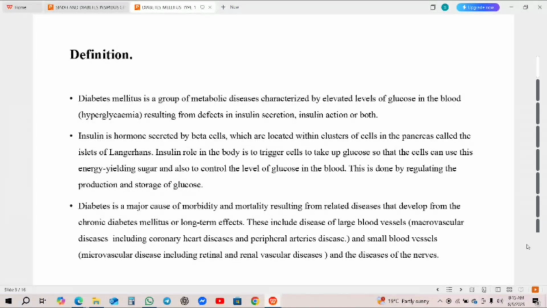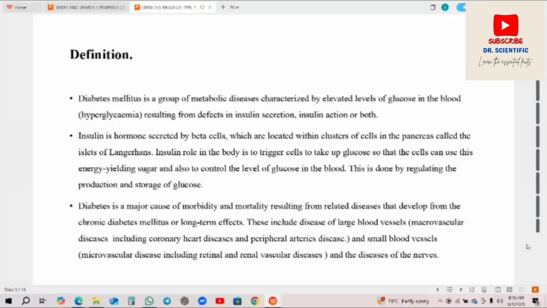Diabetes mellitus is a major cause of morbidity and mortality resulting from related diseases that develop from chronic diabetes mellitus, or its long-term effects. These are some of the diseases that can develop when diabetes mellitus elevates to a chronic level.